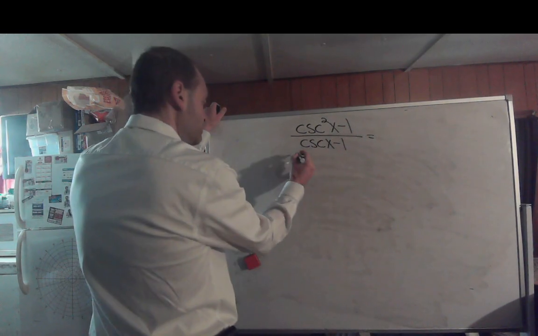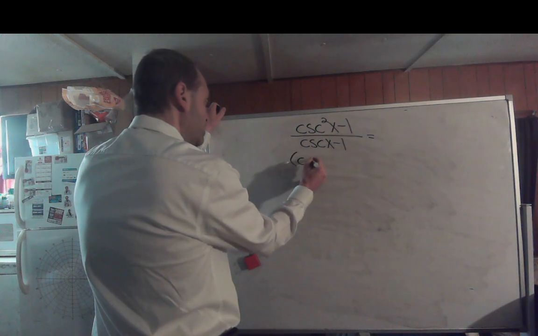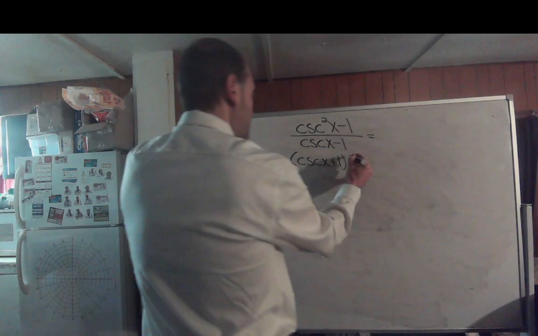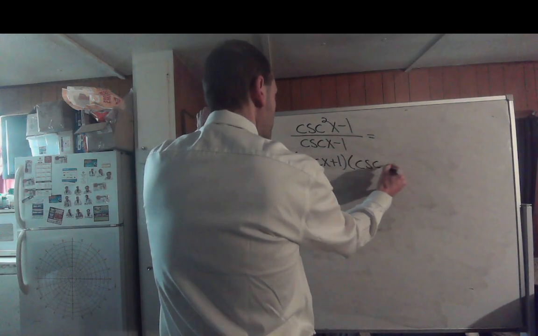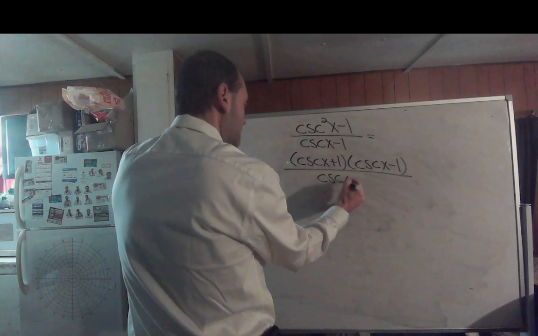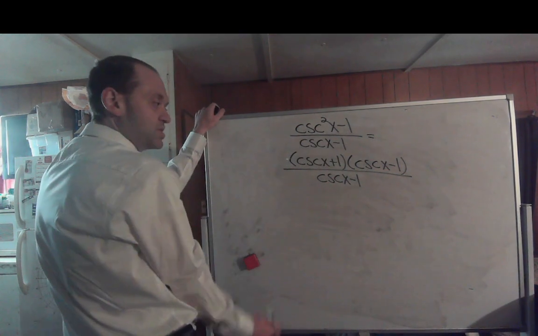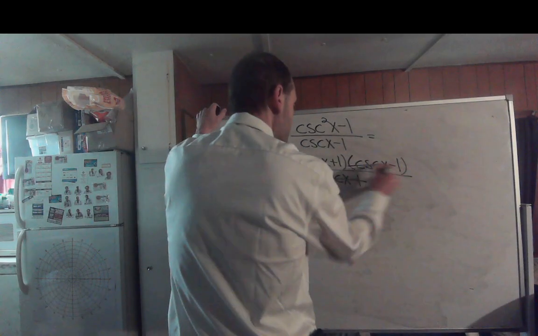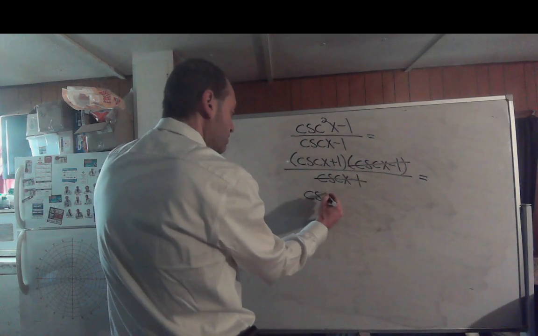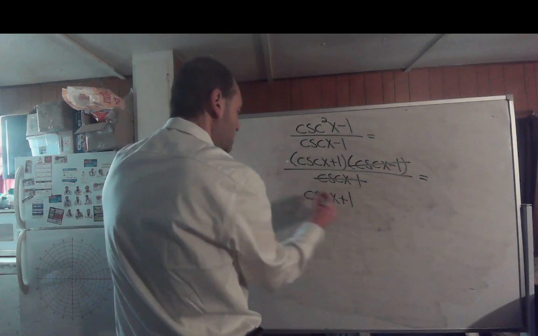Well, again, in the numerator we have a difference of two squares, so this would be the cosecant of x plus 1 times the quantity of the cosecant of x minus 1 all over that cosecant of x minus 1. Well, your cosecants of x minus 1 cancel out, and it should simplify down into the cosecant of x plus 1.